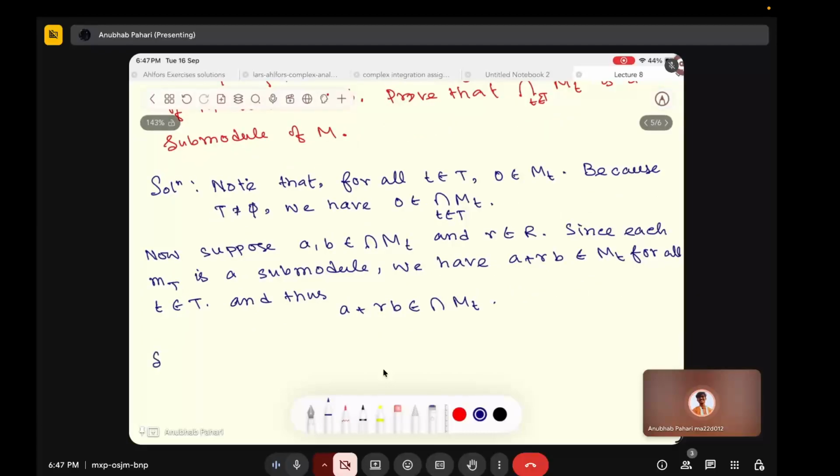So using the submodule criterion, this intersection of M_t belongs to M is a submodule.